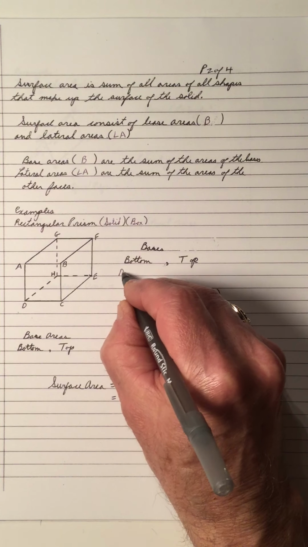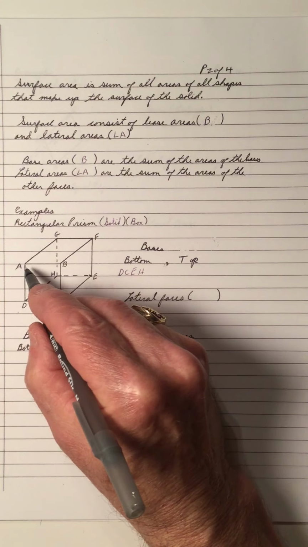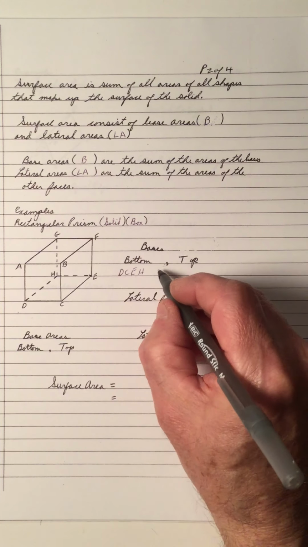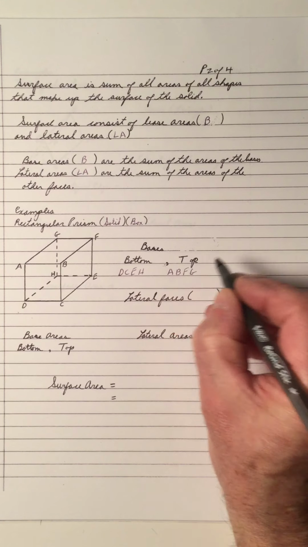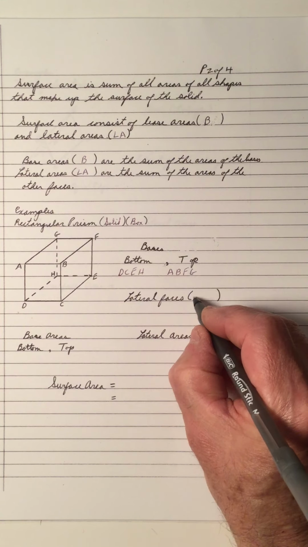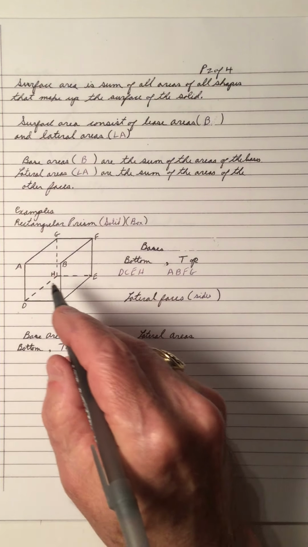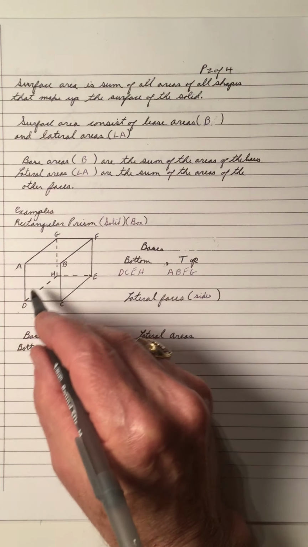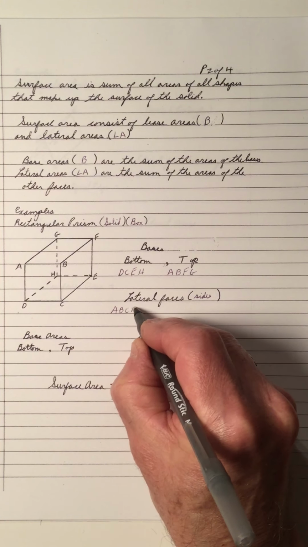DCEH, and the top is ABFG. And the lateral faces, lateral meaning sides: the front is ABCD.